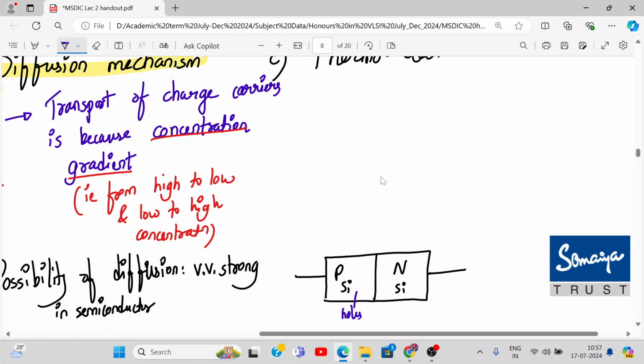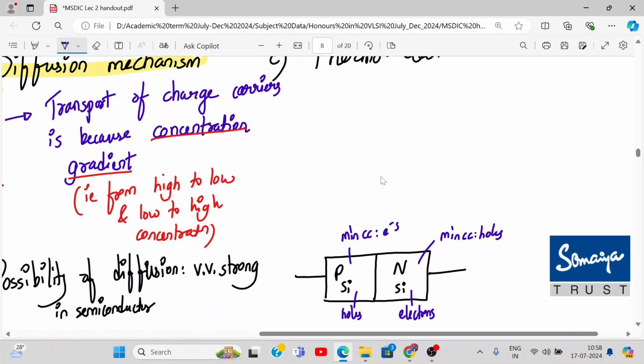Holes. And in N-type, the majority carriers are electrons. So in P the majority is holes but the minority are electrons, and in N the minority charge carriers are holes.